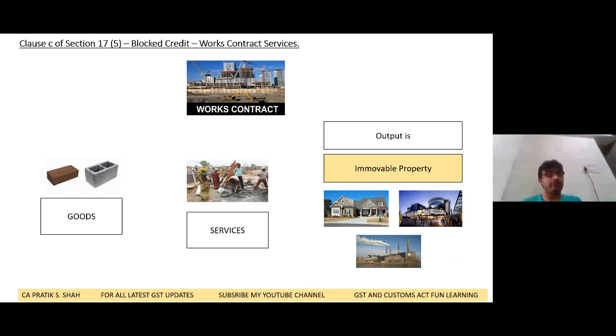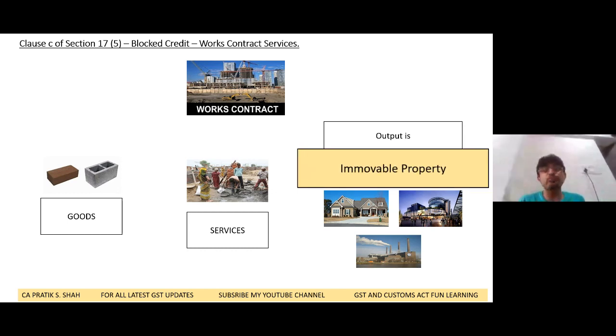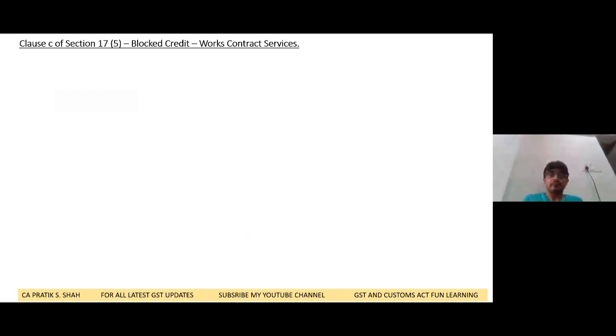First, to understand the meaning of works contract. Say you have given work to me to construct a factory. I will get the materials, I will get the labor, everything I will do. And I will construct what? Factory, immovable property. That is known as works contract services. Clear?